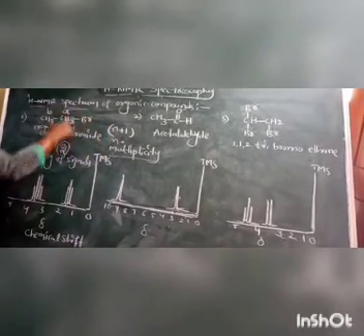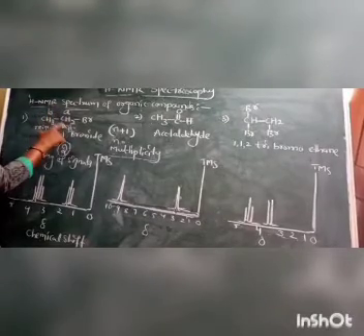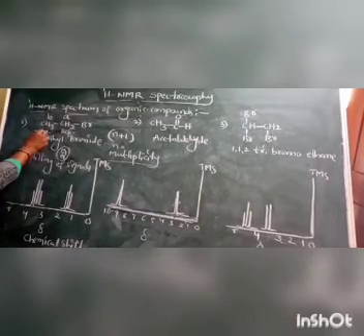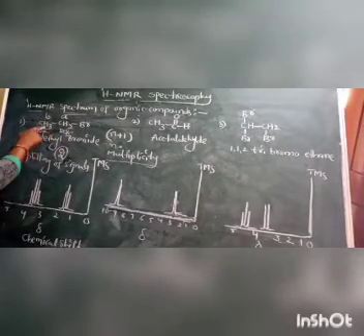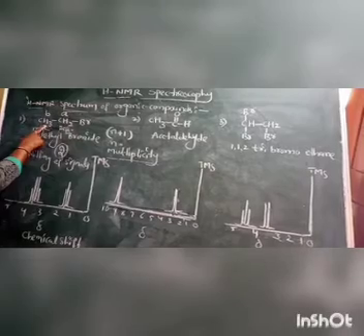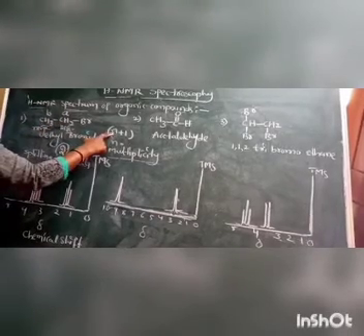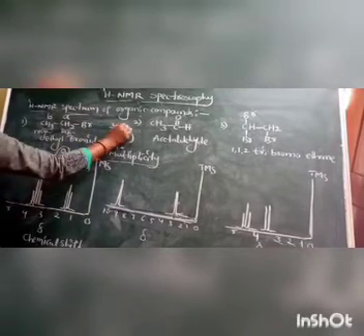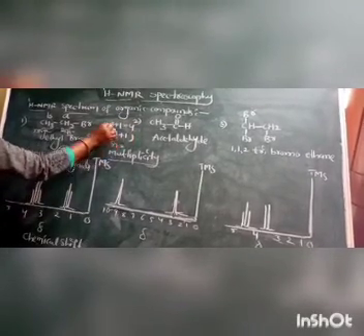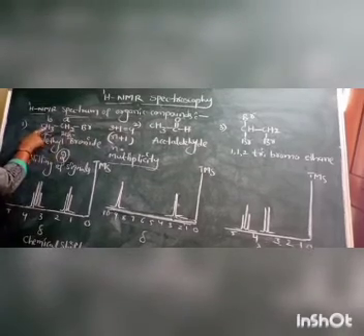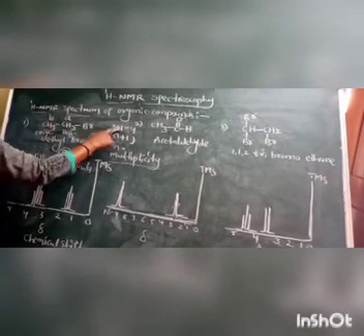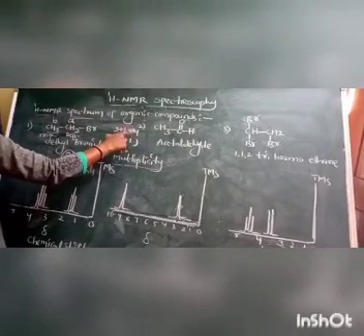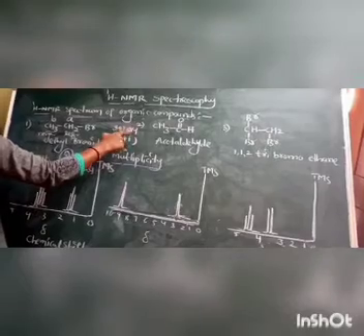For this A type of proton, multiplicity depends on the number of neighboring protons. How many neighboring protons? 3. So the rule is n plus 1: 3 plus 1 equals 4, where n is 3 neighboring protons. 4 means 4 lines are present in the signal.